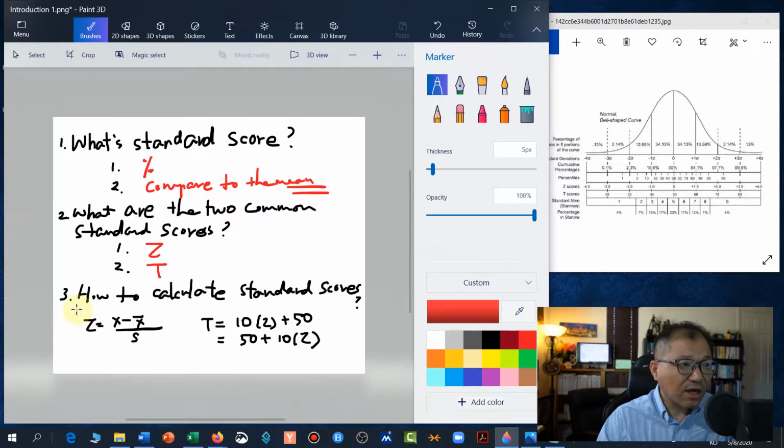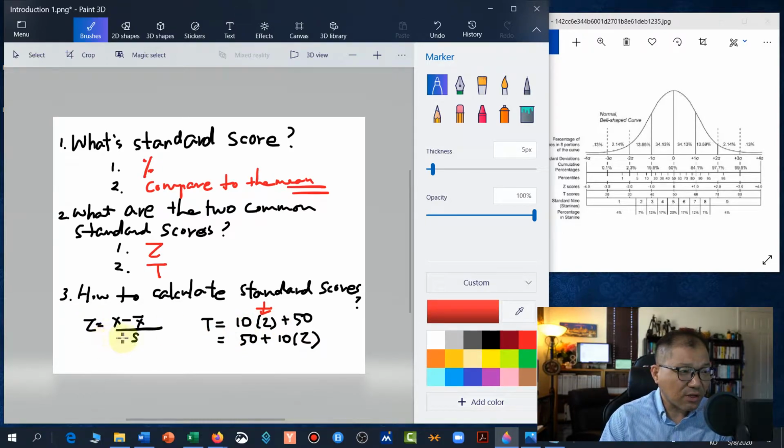The next question: how do we calculate standard scores? You can calculate z-scores first. To get the t-score, as you can see here, you need to calculate the z-scores first. That means if you have z-scores, you can calculate t-scores by putting the z-scores into the t-score formula, right?